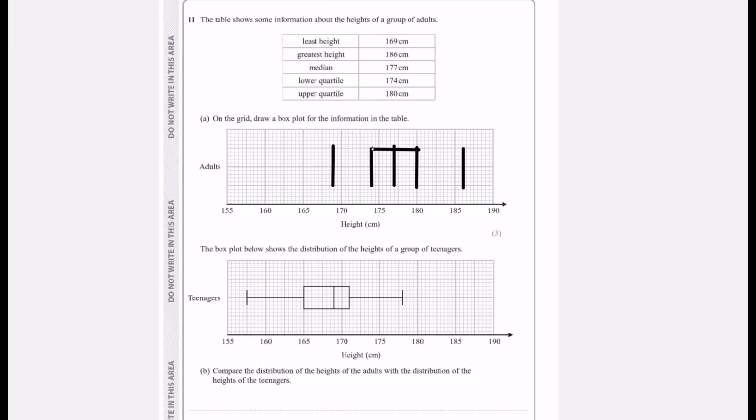So a box around the quartiles and lines out to the highest and lowest. So that is our box plot.